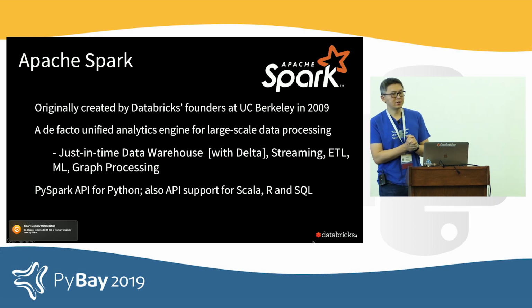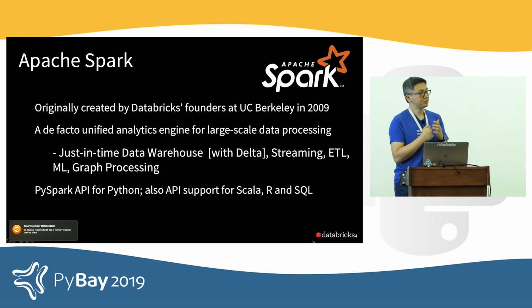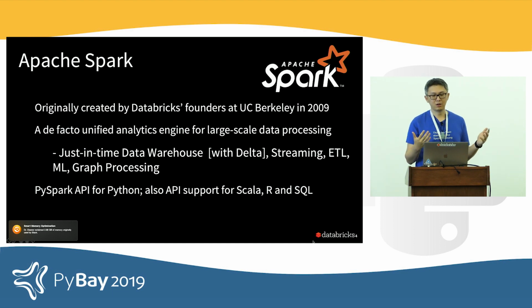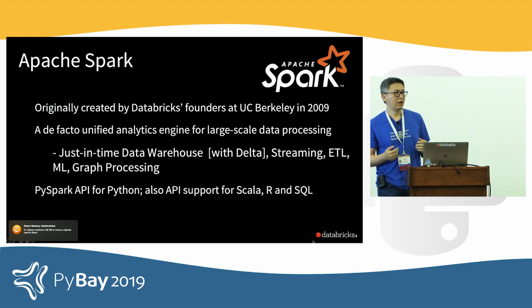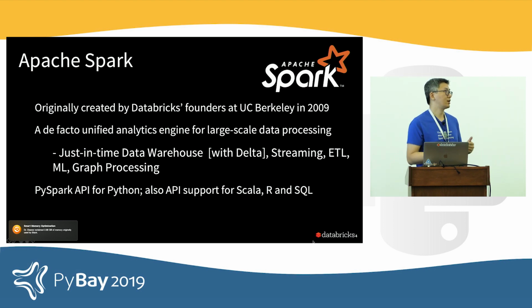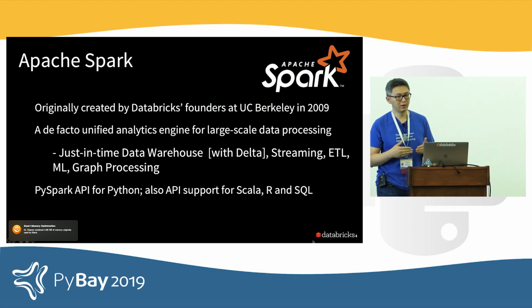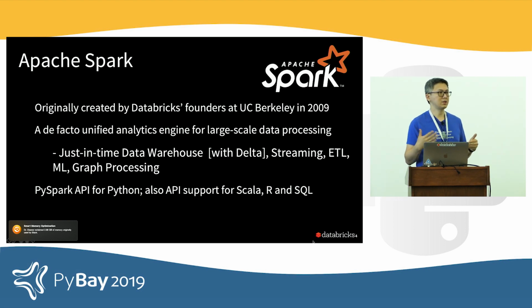Okay, so let's talk about Spark first. Spark is the de facto unified analytics engine for big data. It has many different use cases, like the just-in-time data warehouse. Delta Lake is a new open source project that supports ACID transactions, and also merge, update, and delete.